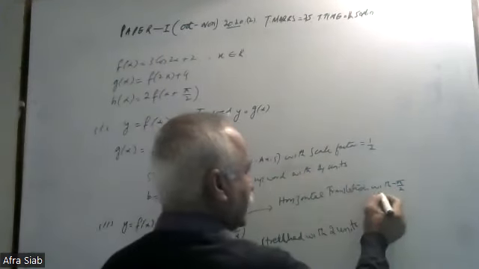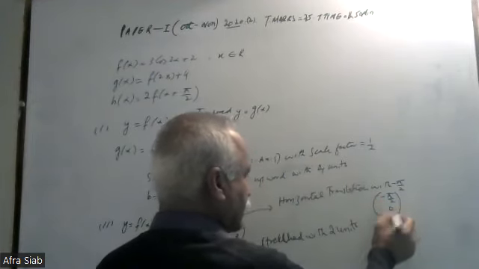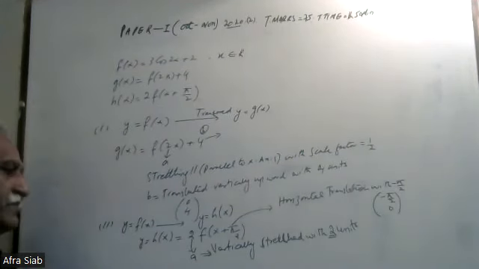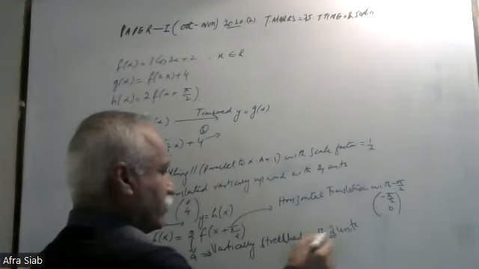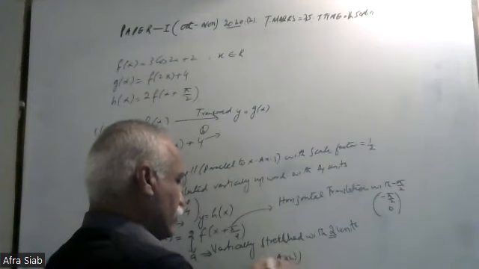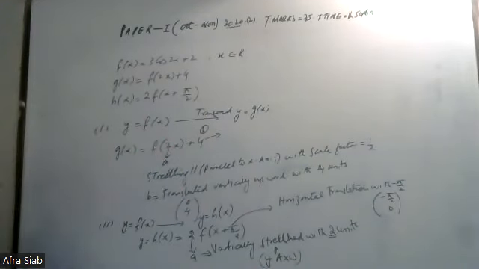So this will become in the matrix form minus pi by 2 and 0, and this is 2 times it is vertically stretched with respect to the y-axis. So these are the transformations which are being translated from one form to the other.